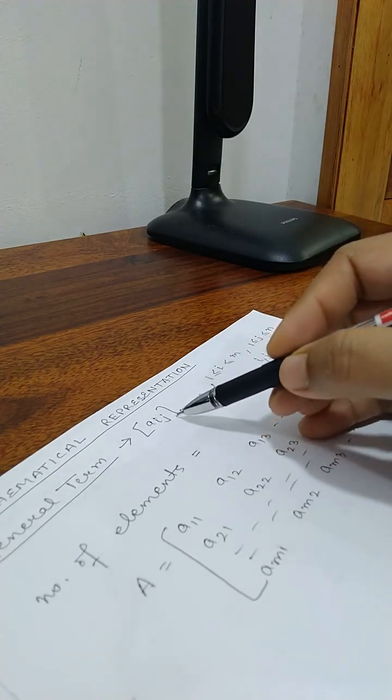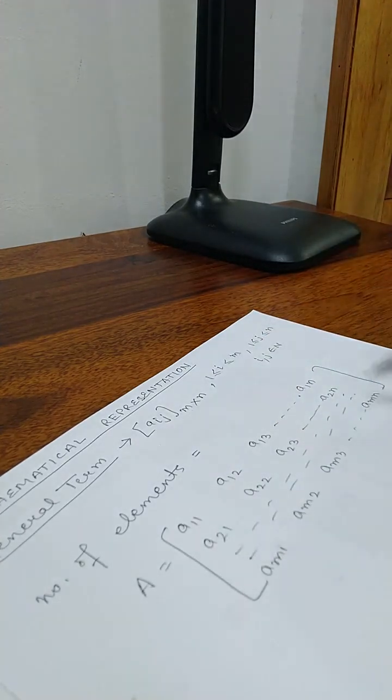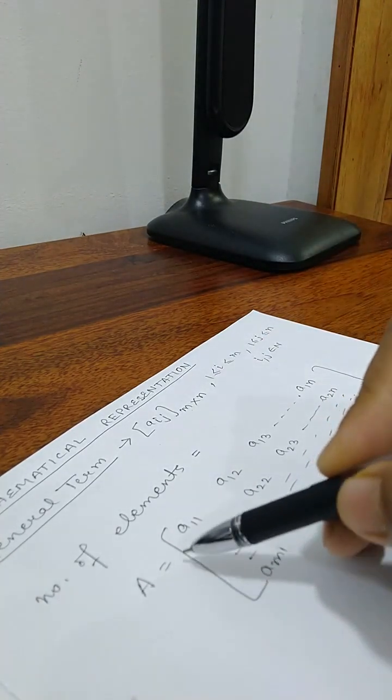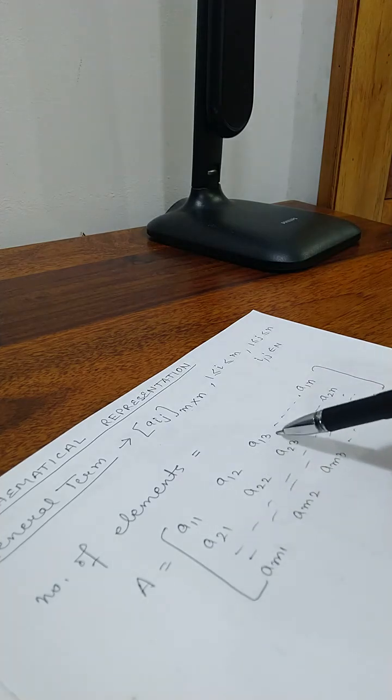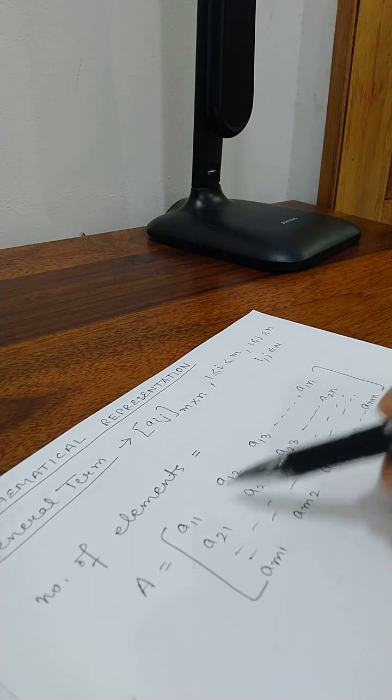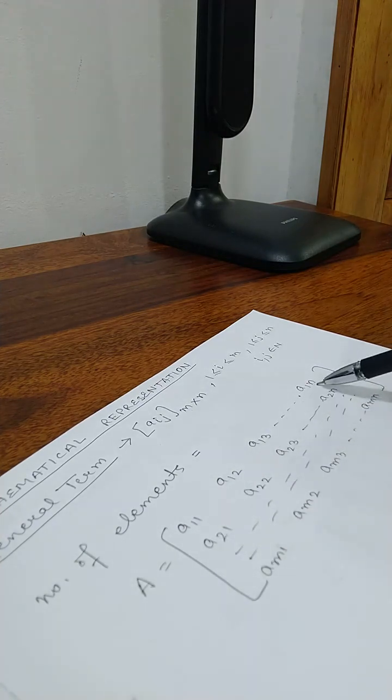So in general we can write the matrix A equal to a11, a12, a13 and so on up to a1n, because this is the first row and in this matrix we have n number of columns. So you have to go from 1 up to n.